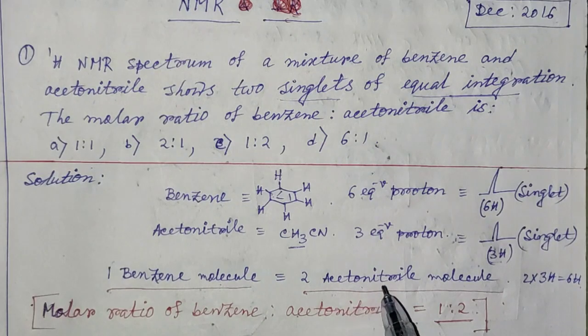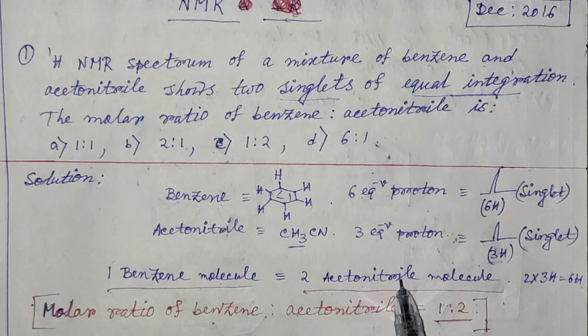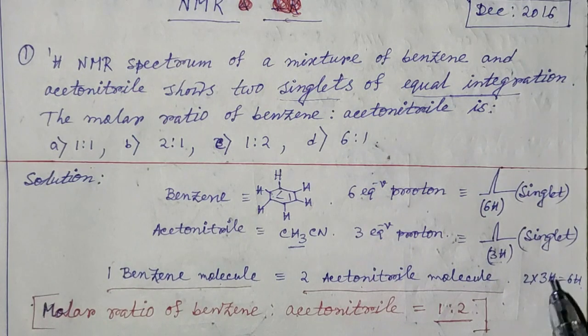That means one benzene molecule and two acetonitrile molecules in a mixture will show two singlet peaks of equal integration.